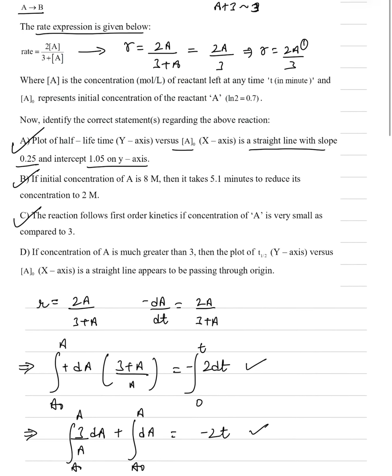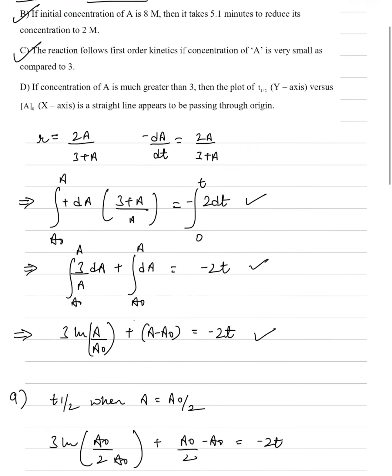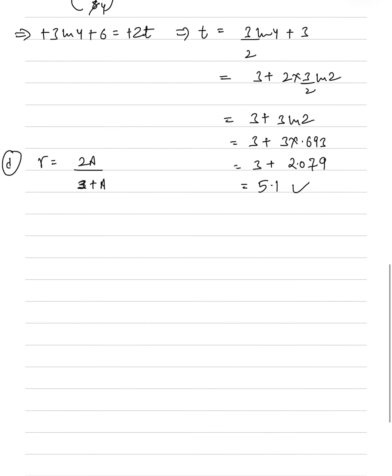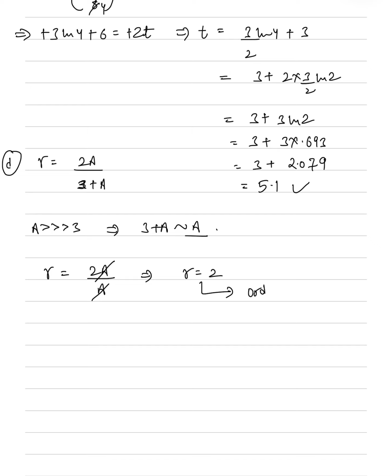It is saying that if the concentration of A is much greater than 3, that means A is a very much larger value than 3. In that case, 3 + A will be approximately equal to A only, right? So the rate equation R = 2A/A. A cancels with A, which implies R = 2. That means the rate is equal to something constant, right? And this equation is for what? This equation is for a zero order reaction.